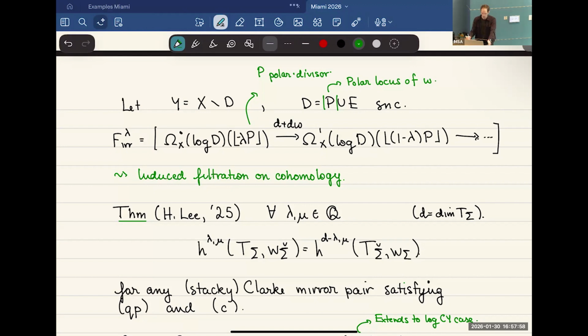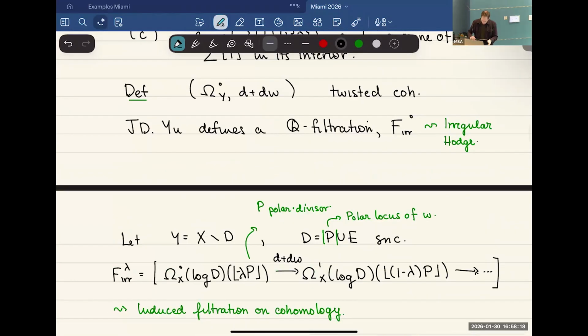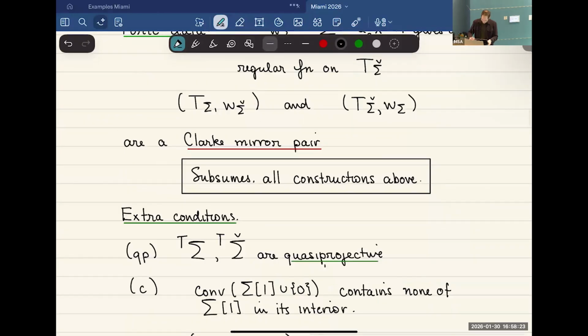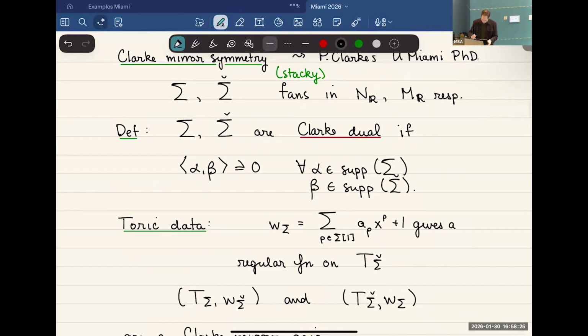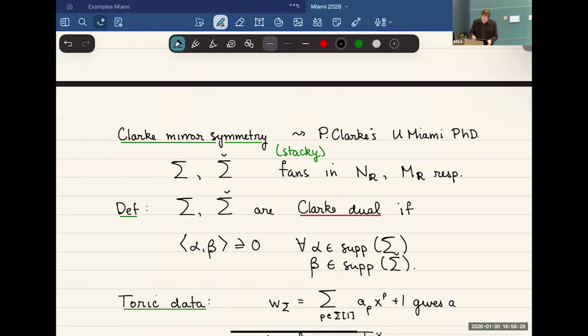Okay, so the theorem that I proved with Sukjoo, the preprint came out last year, is that if I have any, actually I should be more careful here and add two more words: orb. One thing I didn't mention was that I want these to be simplicial fans.